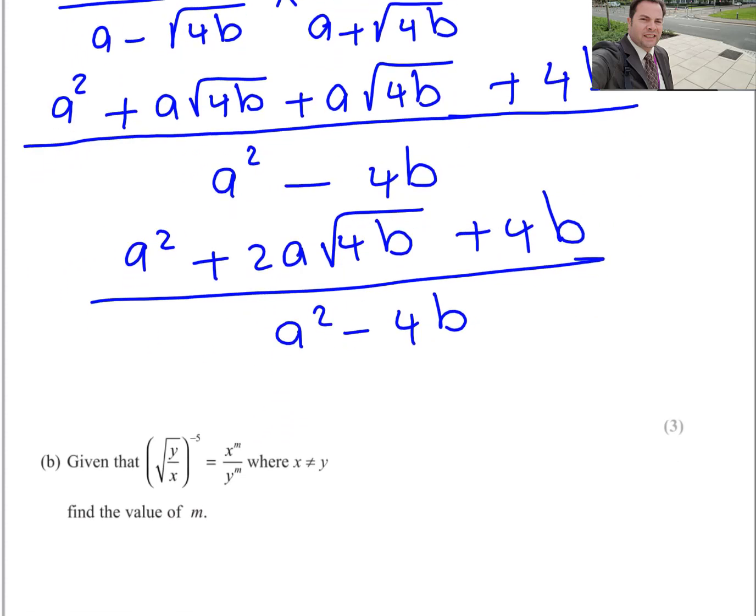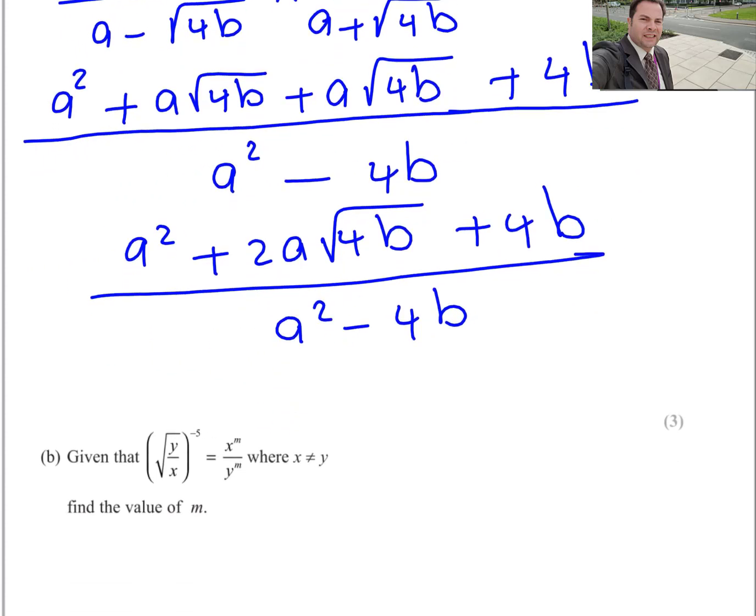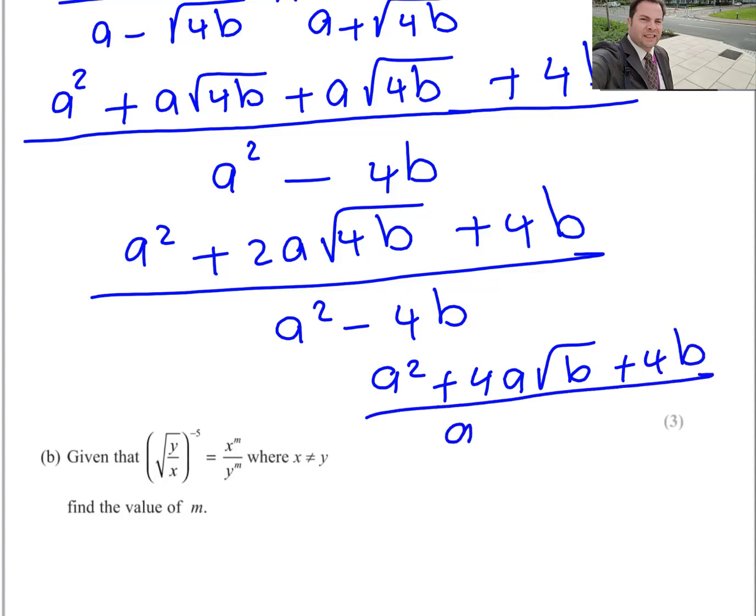Still you can simplify more. Root 4 is 2, so you can write it outside. So a squared plus 2 times 2 is 4a root b plus 4b, all divided by a squared minus 4b.